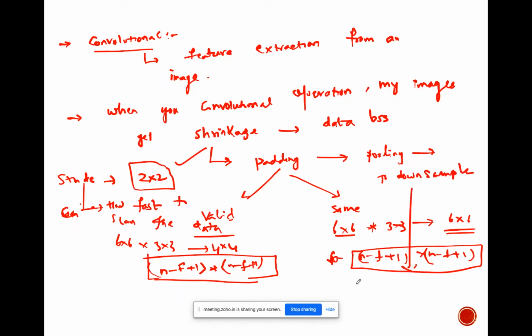While downsampling, we are extracting features that are correlated to each other. This point is more important.